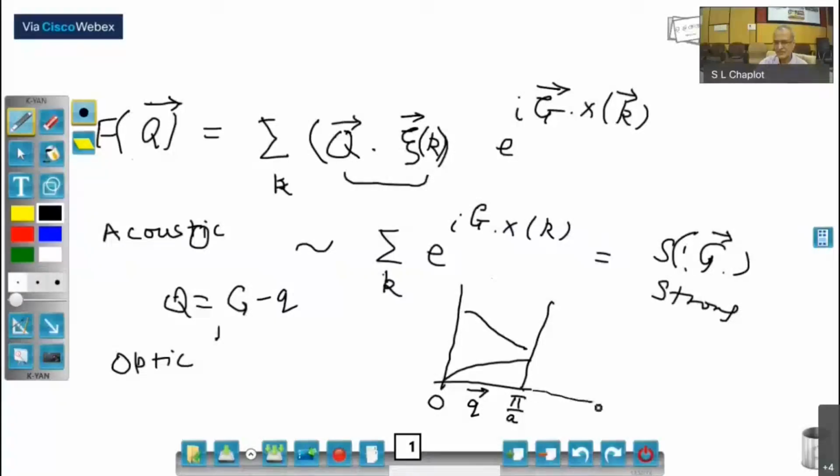So extend it to 2 pi by a. Then you know that this is effectively another zone center, and the dispersion curves would look like this. The interesting thing to notice here is that you can talk as if there's a branch here which, with a small gap, is crossing over into another zone. This is the first Brillouin zone. This would be the second Brillouin zone.